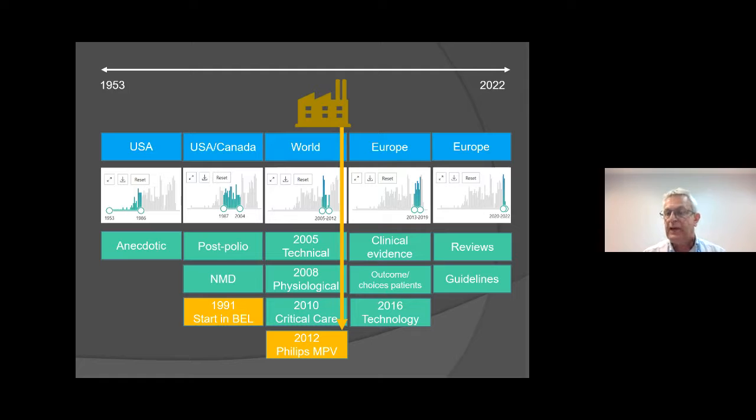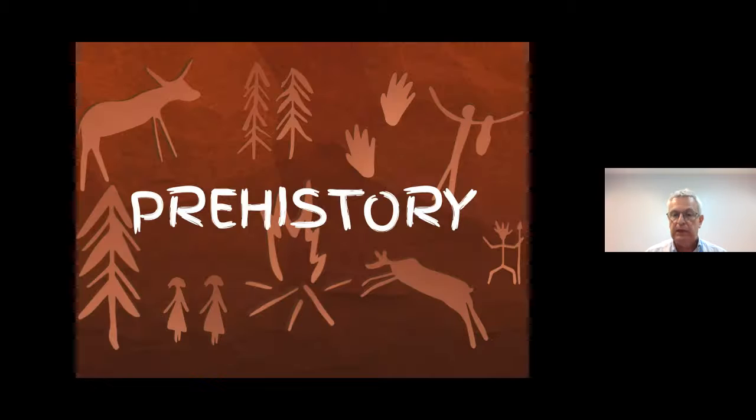And the last period is the last 2 years where we have published some reviews and guidelines, and I will speak a lot about these reviews and guidelines because they speak about the whole history regarding mouthpiece ventilation.